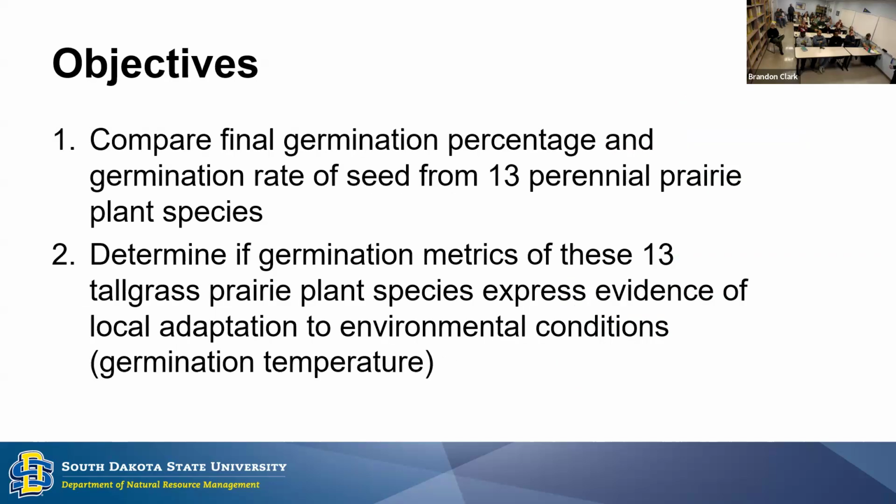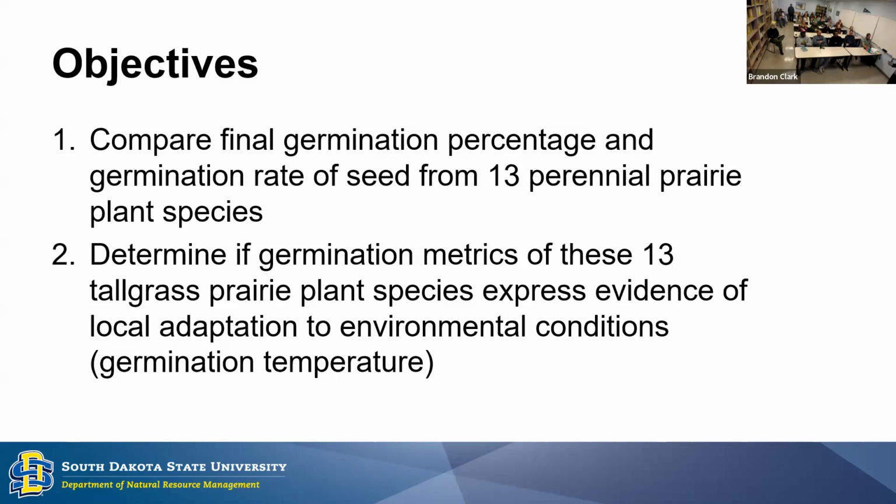My objectives of this study are to compare final germination percentage and germination rate of seed from 13 perennial prairie plant species, and secondly, determine if germination metrics of these species express evidence of local adaptation to environmental conditions.